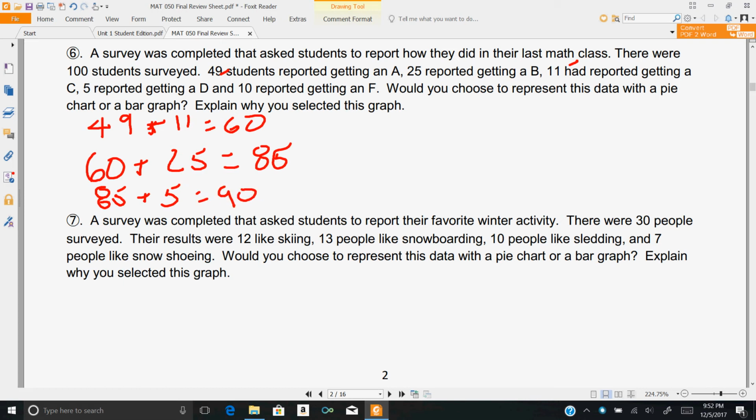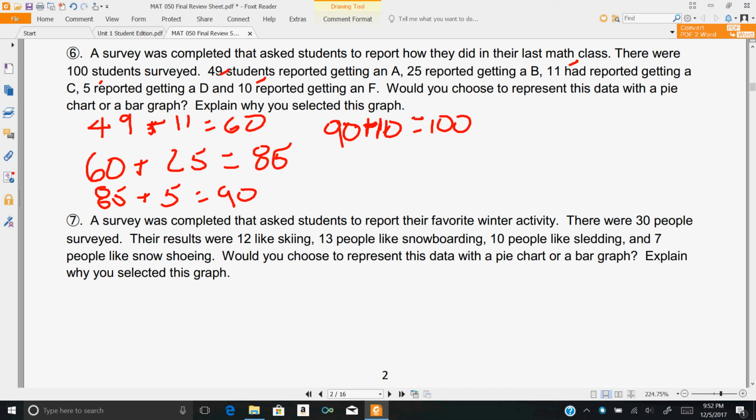And then 90 plus 10 gives us 100. So I know that everybody has reported their grade. Every one of those 100 students has reported their grade, and nobody gets counted twice. Everybody is only included in one category.